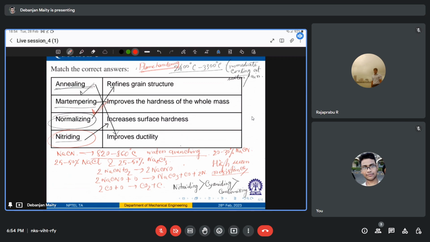The fuel used by this flame may be C2H2 and O2. You can use natural gas or kerosene also as a fuel, and the flame rapidly imparts a large amount of heat to the surface.